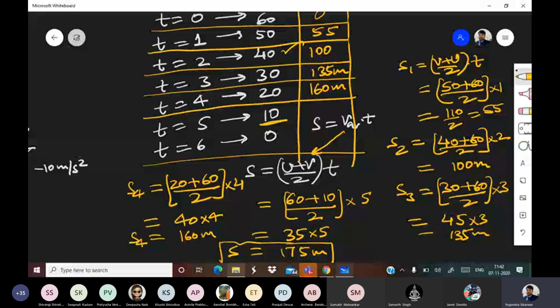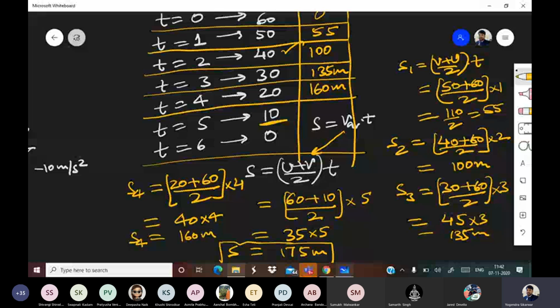So this becomes 35 into 5, and that becomes 175. S6 is equal to 0 plus 60, by 2, into 6, 180 meters.